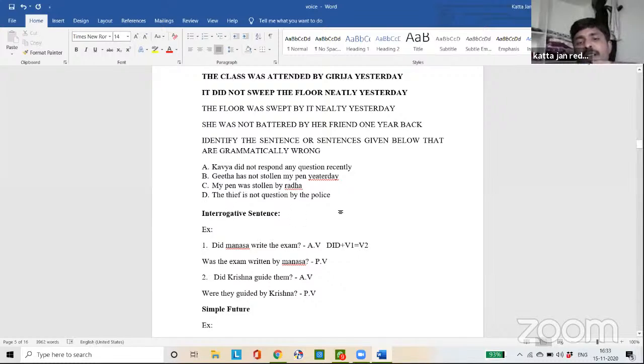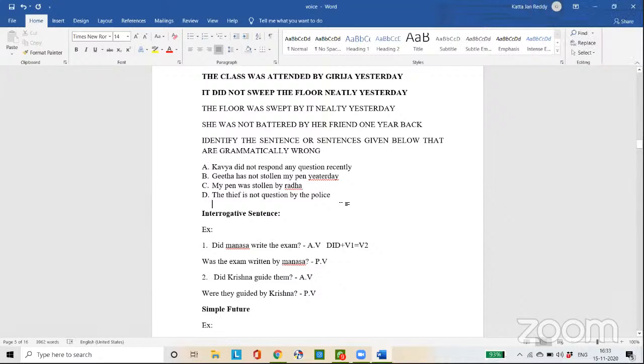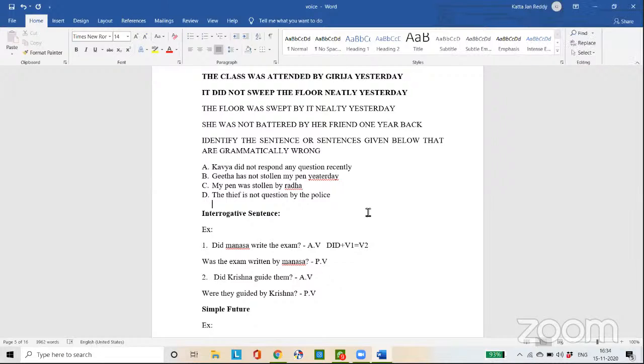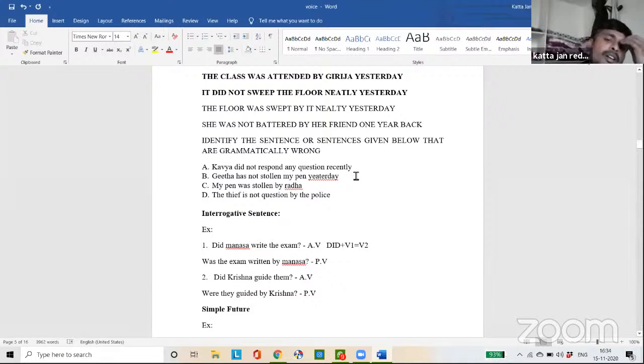Option D also wrong. Okay. Next. Is option B right? Yes, sir. No, that is wrong. Option B is wrong. Okay, that is also grammatically incorrect. And what about option C? Is it grammatically right?